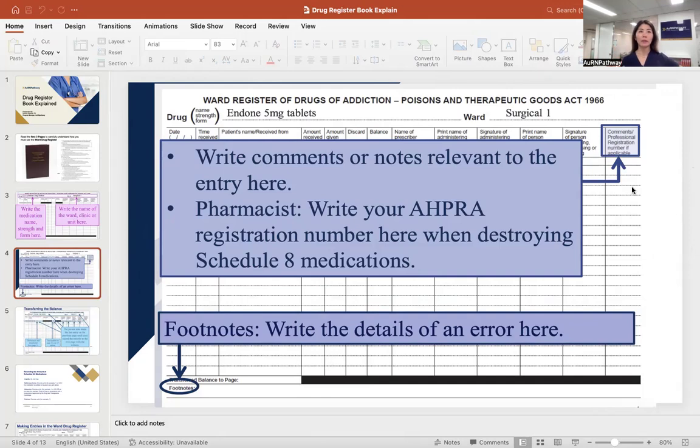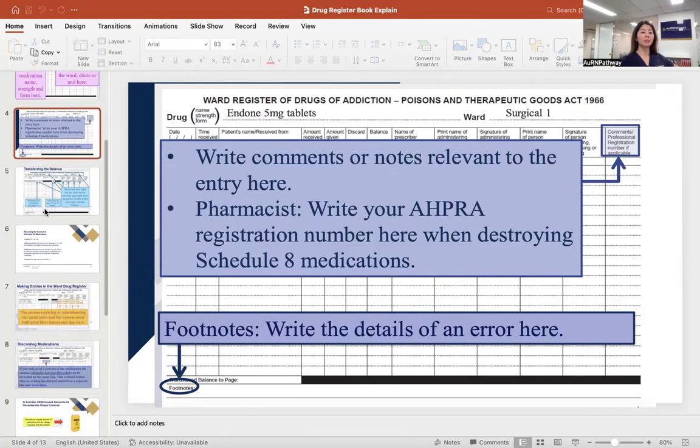I believe in some countries it's different, but in Australia, when we're discarding a medication given to the patient, as an RN we could discard that with another RN. All right, so I hope that's nice and clear. And the footnotes is where you write the details of an error committed. Just in case, for example, you didn't mean to give that particular medication, you would need to put an asterisk. We will talk about it later, and this is where you need to put it. So I hope that's nice and simple.